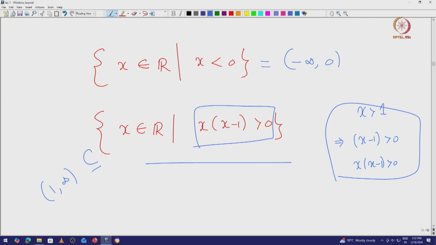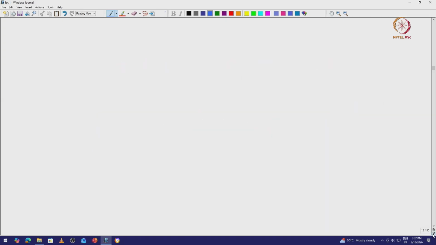One can also get sets that are not non-empty. For example, take x in R such that x squared plus 1 equals 0. Whatever defining property you use to define a set, you do not necessarily always get non-empty sets.